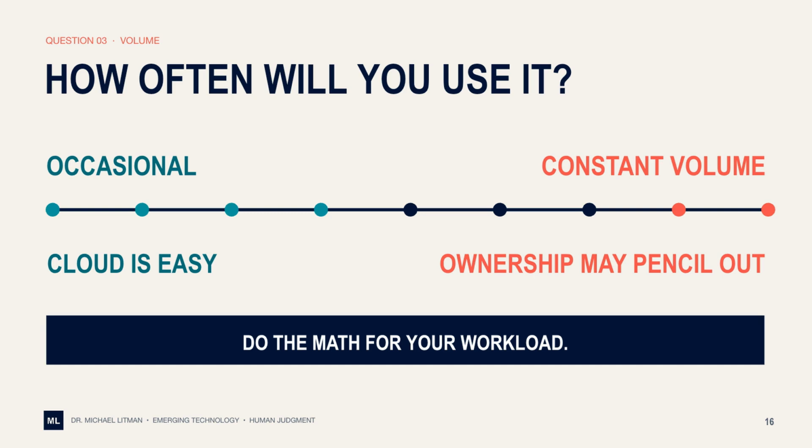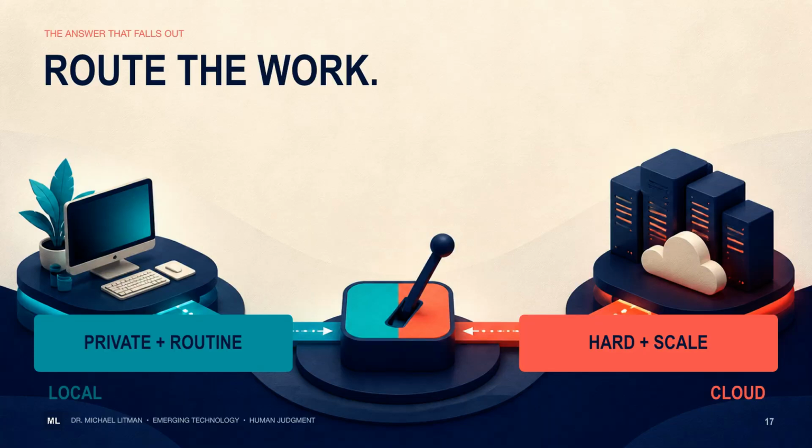Question 3, how often are you doing it? Occasional use, cloud subscription is fine. Massive constant volume, at some point owning the hardware starts to pencil out. Do the math for your own situation. And the answer that falls out for most people, most businesses, is hybrid.